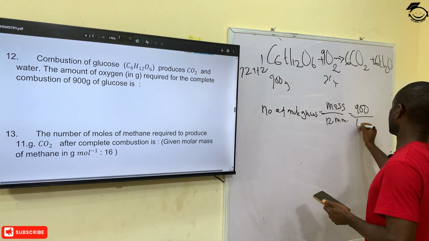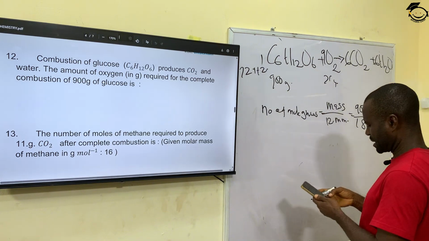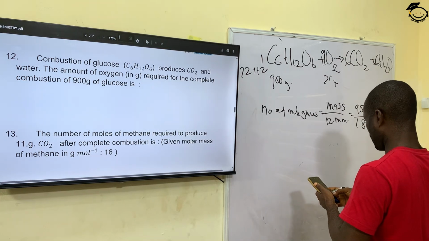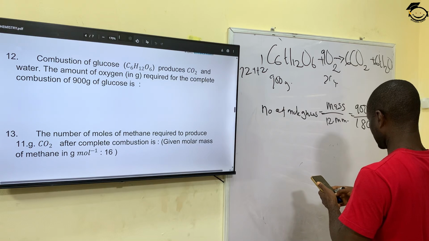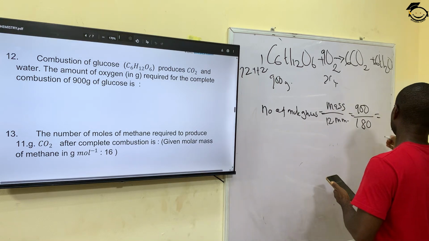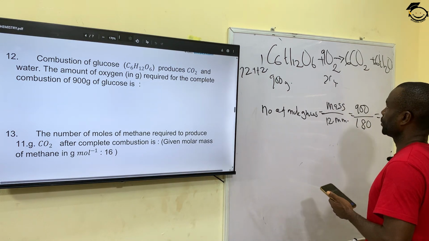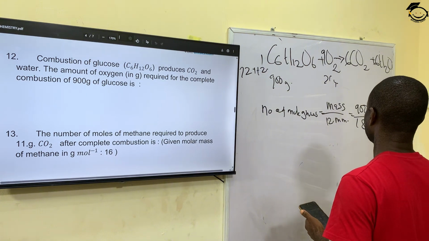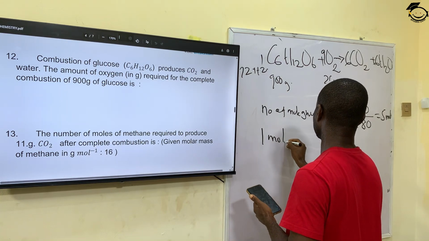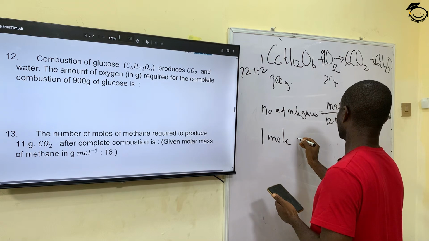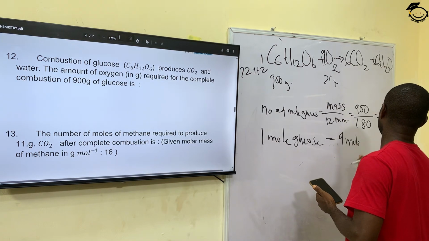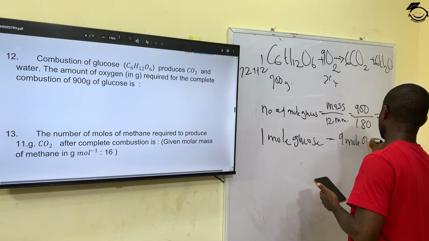So 180. So find the number of mole. That gives us 900 divided by 180. That gives us 5. 5 mole. Okay? So in this case, we have 1 mole from the equation of reaction. 1 mole glucose requires 9 mole oxygen.